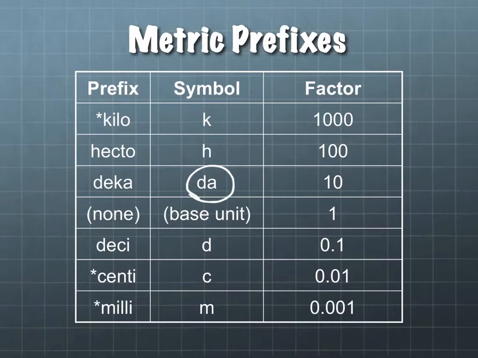The factor that you're talking about is as it relates to the base unit. So if your base unit is, say, meters, just so that I can have something to reference. So if we're using meters, a kilometer is 1,000 meters. And a hectometer is 100 meters. And a decameter is 10 meters, all the way down. So that's what those numbers on the right are.